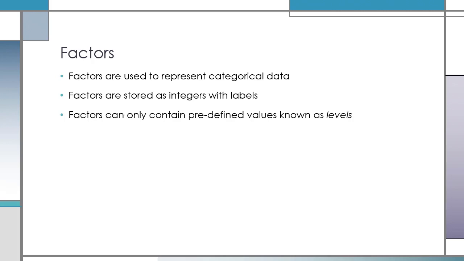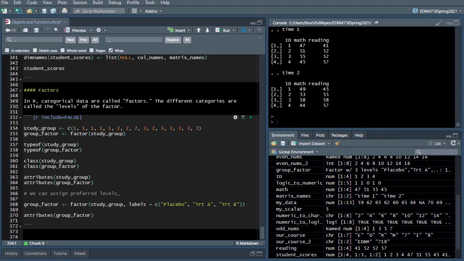So R simply uses integers to denote the different levels of the categories and attaches labels to those integers. Those integers are not indicating any particular numerical quantities, but they are indicating different levels of the factor.